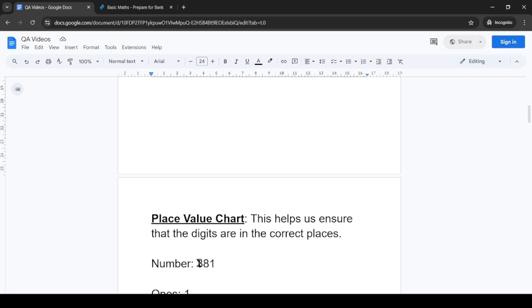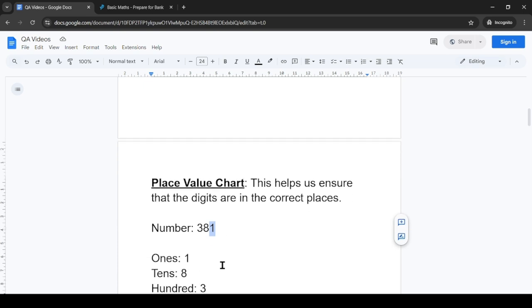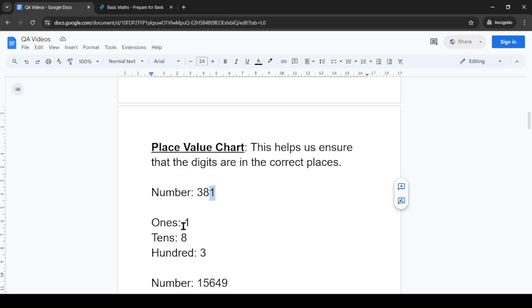According to the place value chart, we read it from right to left. The 1 is in the units or ones place, 8 is at the tens place, and 3 is at the hundreds place. So this is how the place value chart looks for 381, and we address this number as 381.